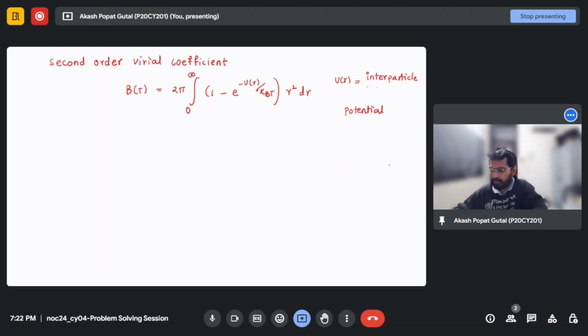And we have also seen the functional form of B for general real gases.